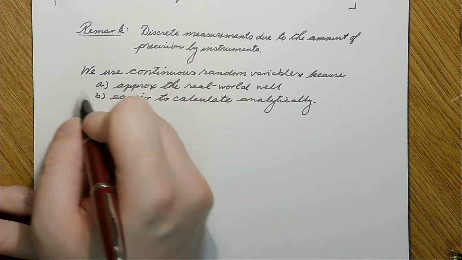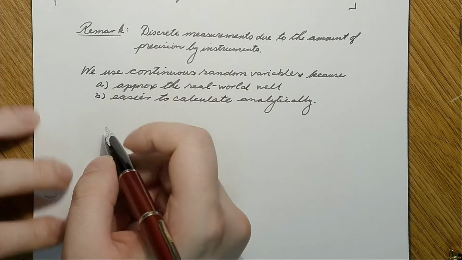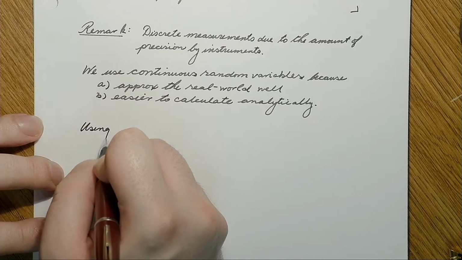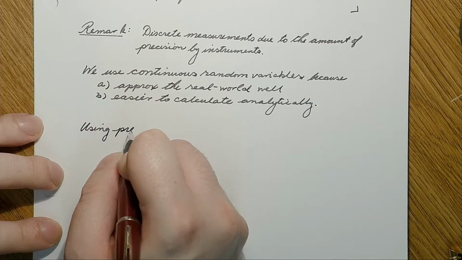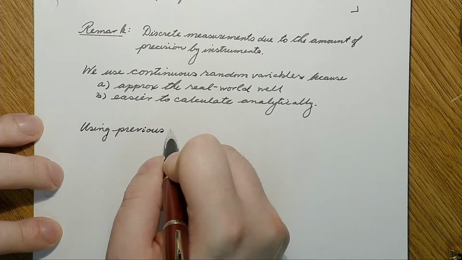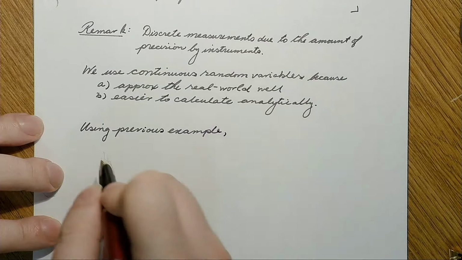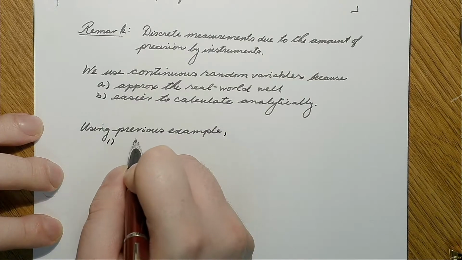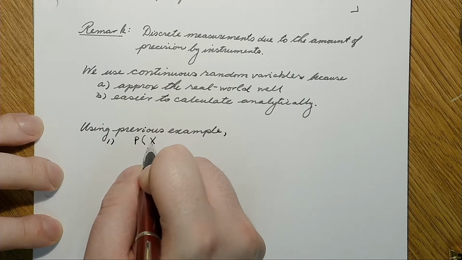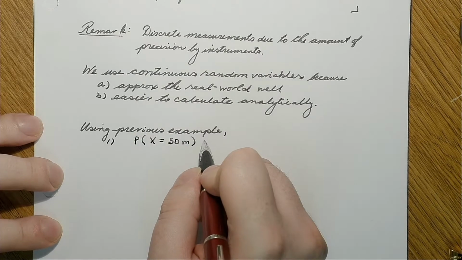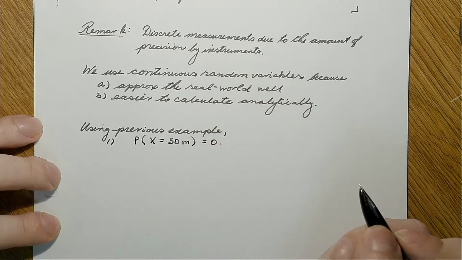So when we switch to using a continuous random variable, using our previous examples, number 1, say the probability that x equals 50 meters, we know that would equal 0.